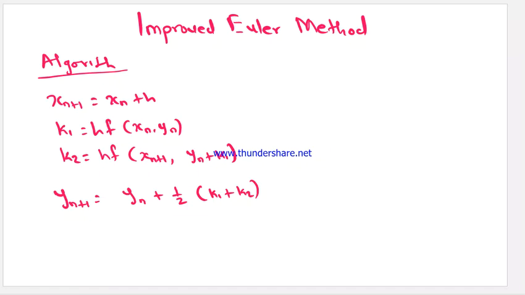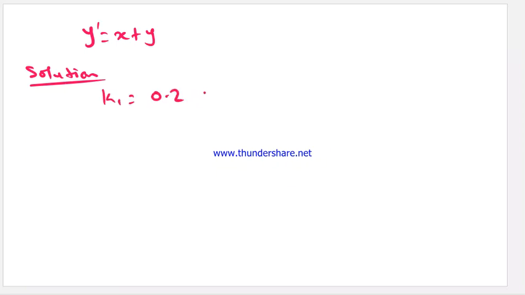So let's see the application of the improved Euler method to the last differential equation we saw. In that case, this is the differential equation, y prime equals x plus y, and it has the same initial condition. So the solution using the improved Euler will now be, we need to calculate our k1, which is what? 0.2 times (xn plus yn), just like the Euler case, and our k2, which is 0.2.